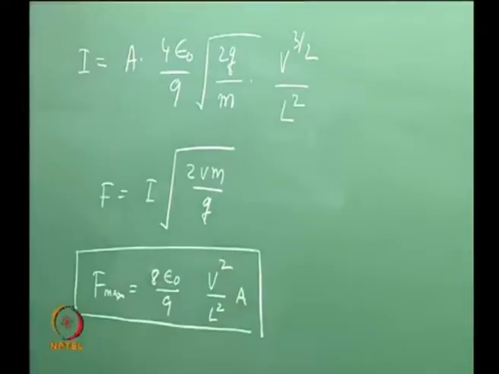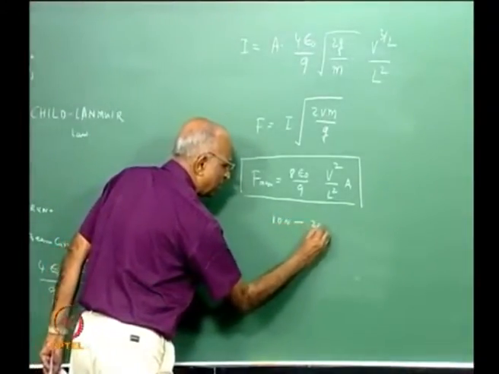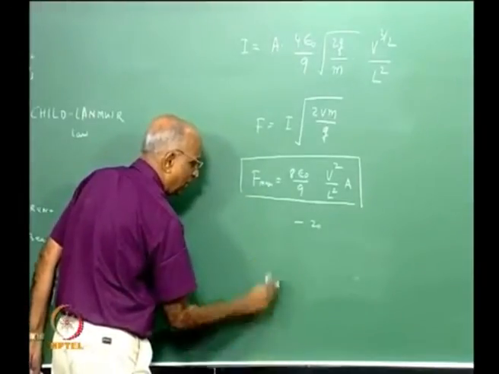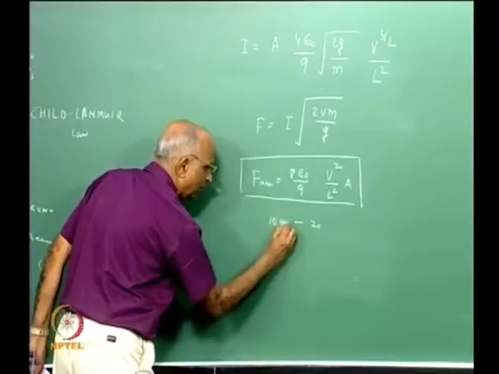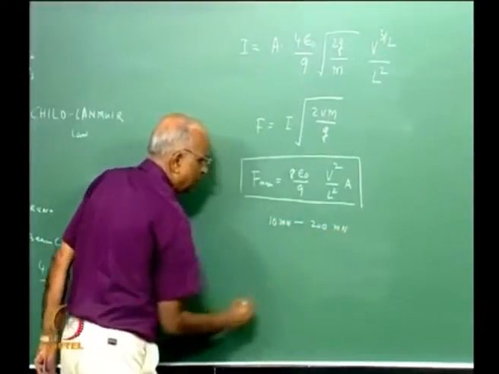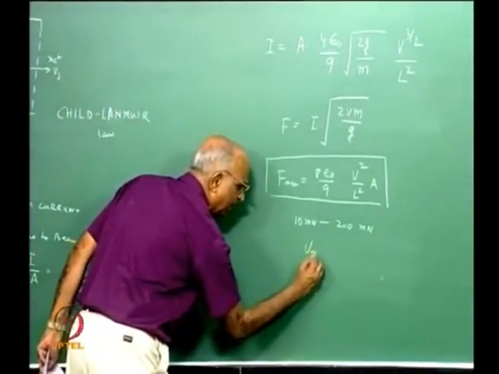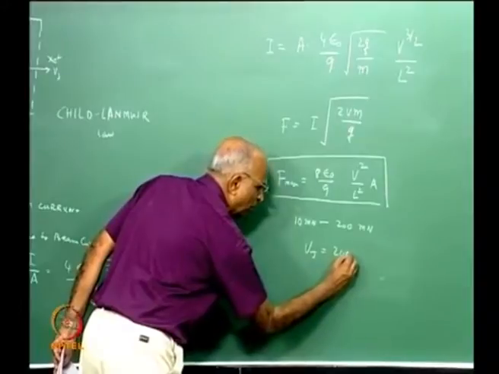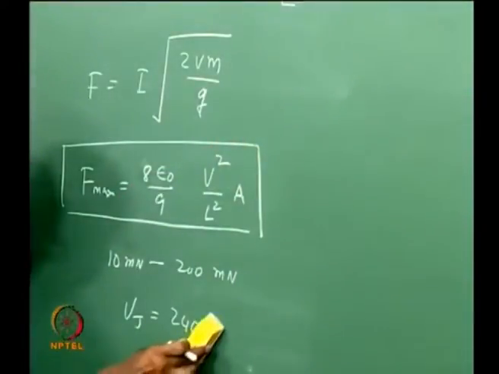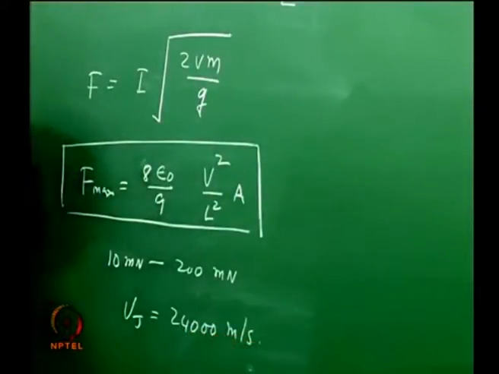In practice, we find that normally the thrust is around, let us say, 10 millinewton to something like 200 millinewton, very low thrusts are generally derived. The maximum specific impulse, or rather we put it in terms of Vj, is around 24,000 meters per second.